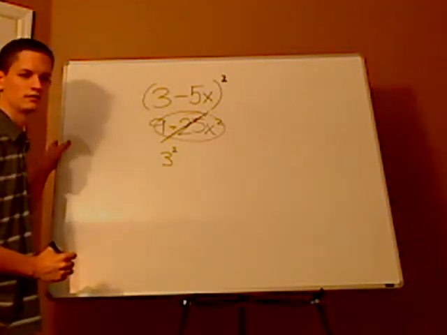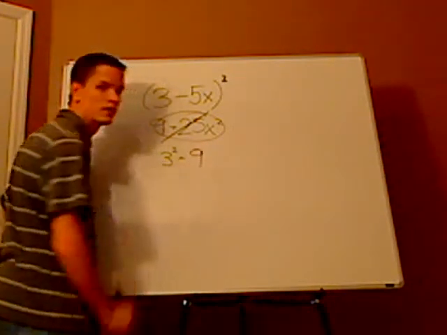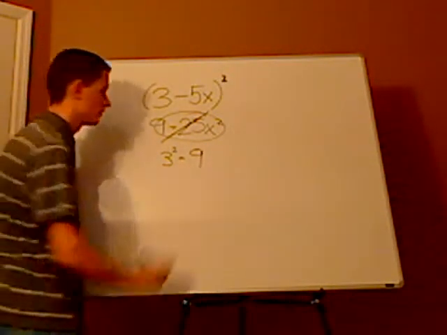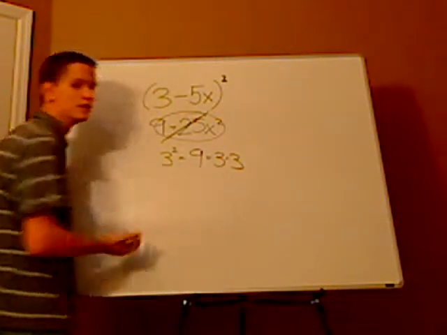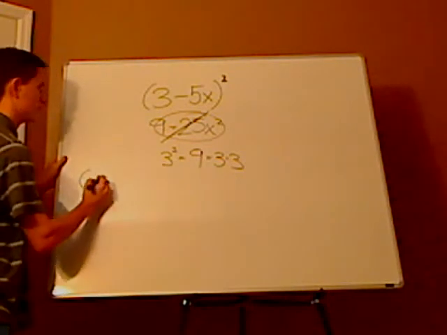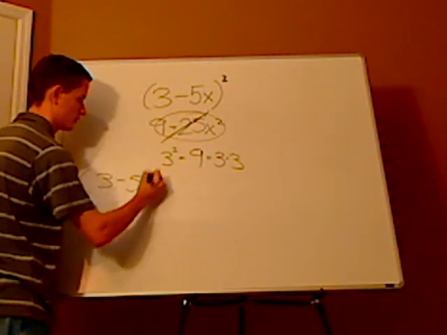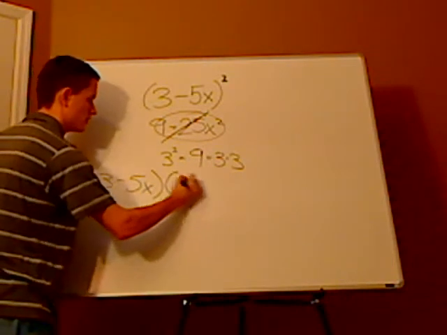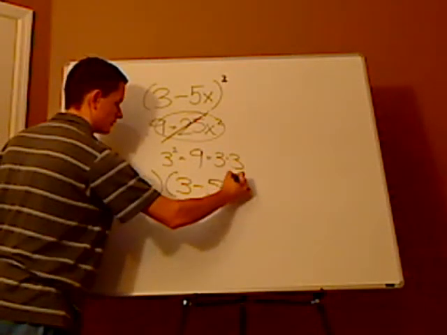What's 3 squared? Yeah, it's 9. How do you get 9? Yeah, 3 times 3. That's what you did. And so you're going to do the same thing here. You have 3 minus 5x times 3 minus 5x.